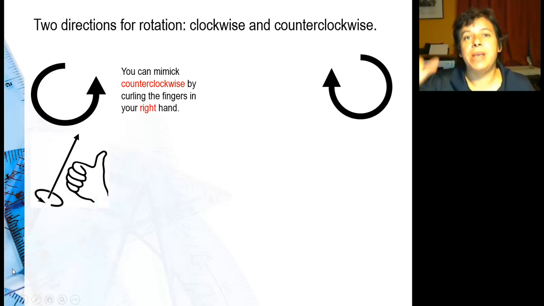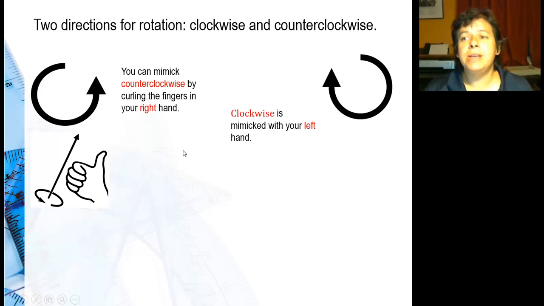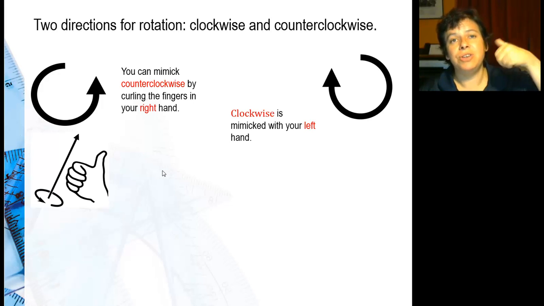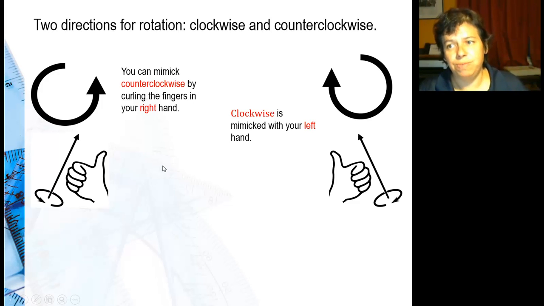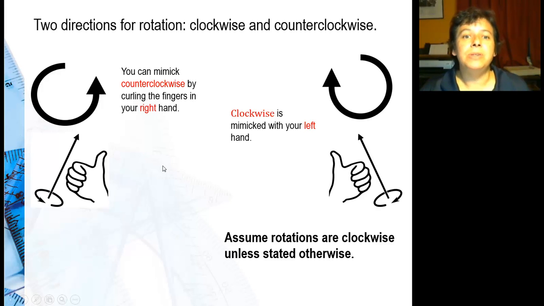The way your fingers curl around your thumb is counterclockwise if you're looking at your thumb. Clockwise, which you can say, well, look at a clock, but you can also mimic it with your left hand. So your left hand actually curls in the opposite direction. For our purposes, we will assume that rotations are clockwise unless stated otherwise.